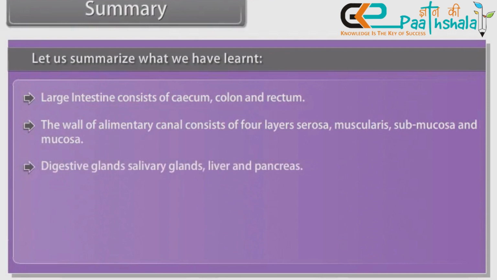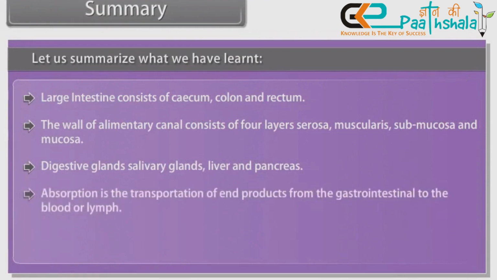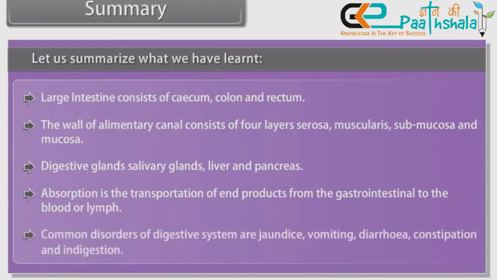Digestive glands: salivary glands, liver, and pancreas. Absorption is the transportation of end products from the gastrointestinal tract to the blood or lymph. Common disorders of the digestive system are jaundice, vomiting, diarrhea, constipation, and indigestion.